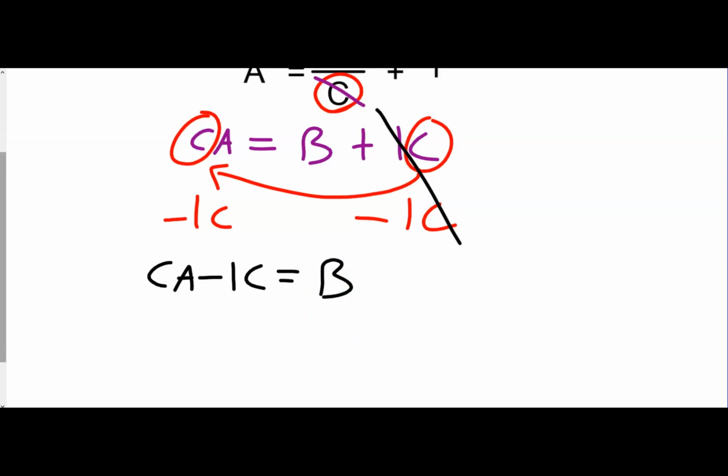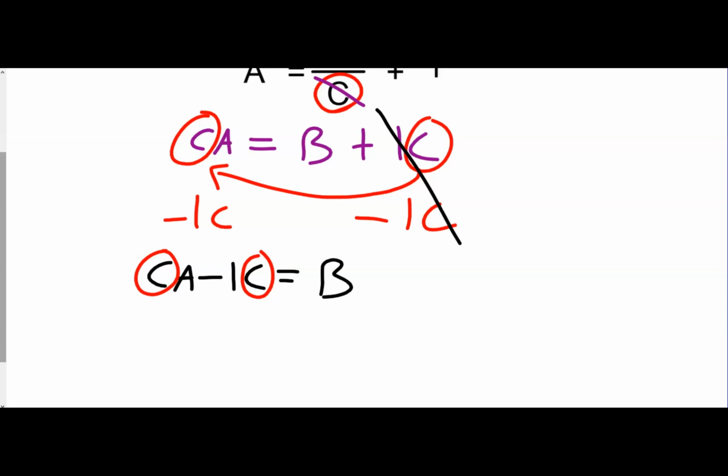Do you see how we have now gotten the variable that we wanted all by itself on one side? Now for step 3. Remember in step 3 I said you'll be doing this if you notice that your chosen variable repeats. See how we have two C's up here? It's repeating. That's a hint and a half that you need to pull out a GCF.